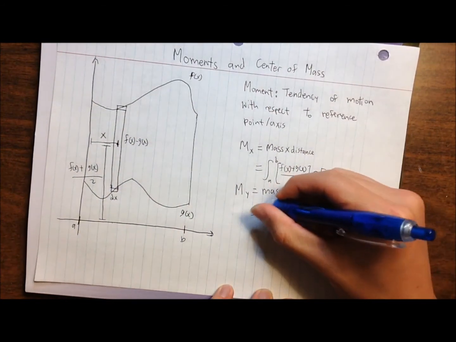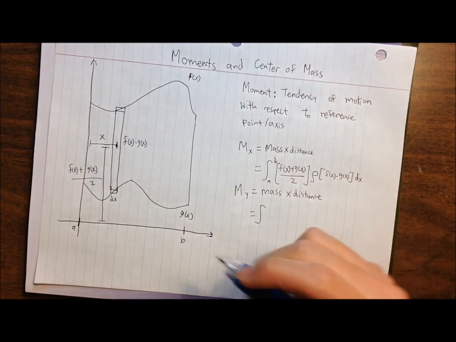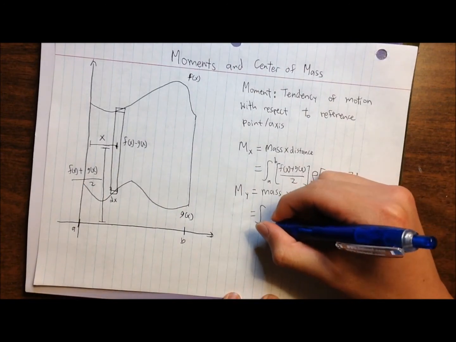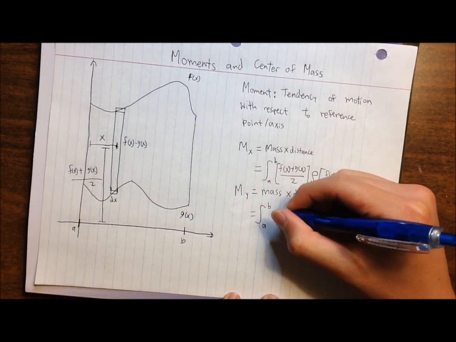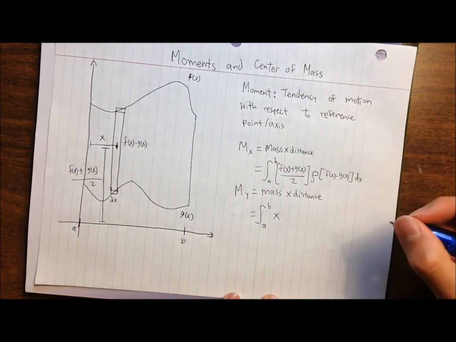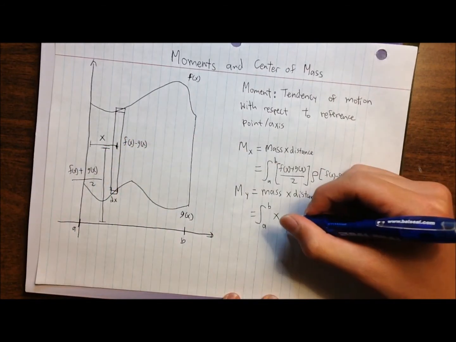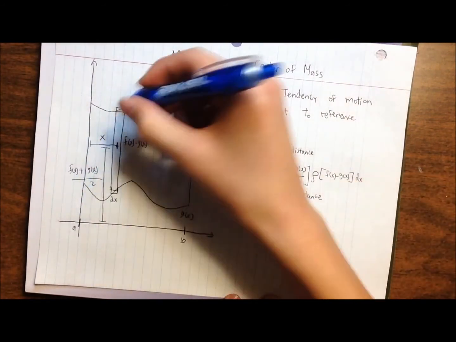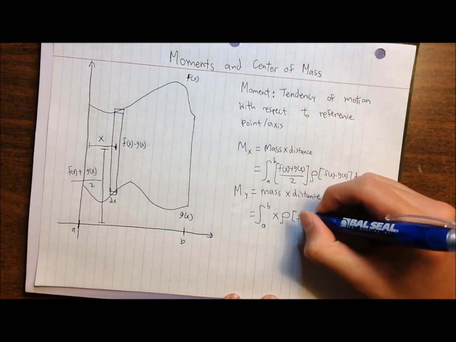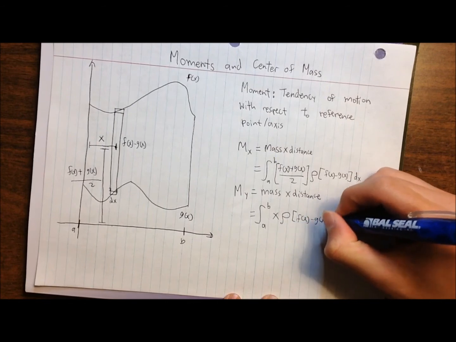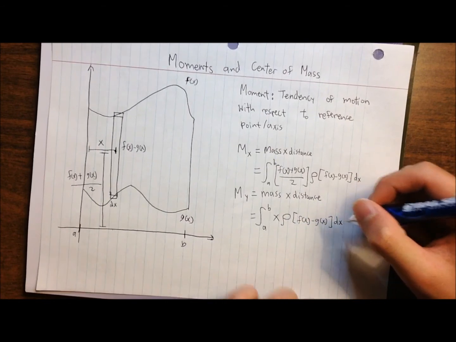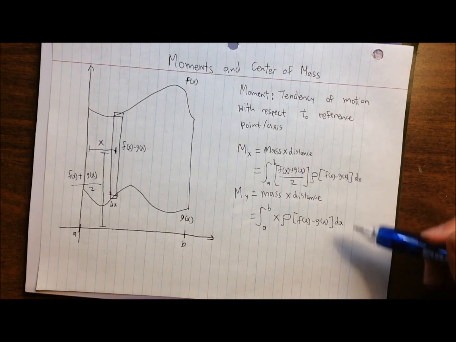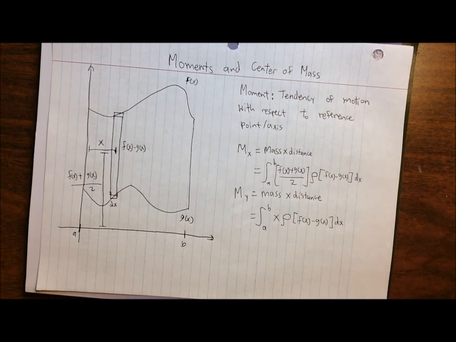So the moment about the y-axis of this lamina would be the integral from a to b of x, which is the distance, times mass, so rho times f of x minus g of x dx. Hopefully you can get a conceptual grasp of these two formulas for moments.